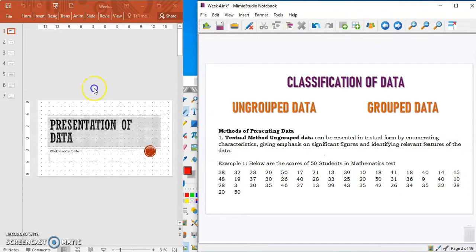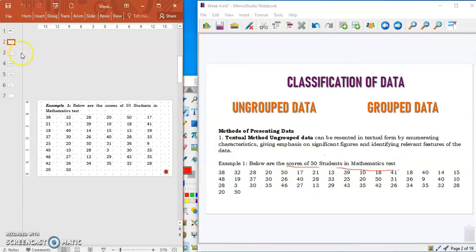Now, if we look at this data that we have here, this is neither grouped nor ungrouped, but a raw score, because these are the scores and values given in our data. These are the scores of 50 students in a mathematics test. How do we write it in textual form?